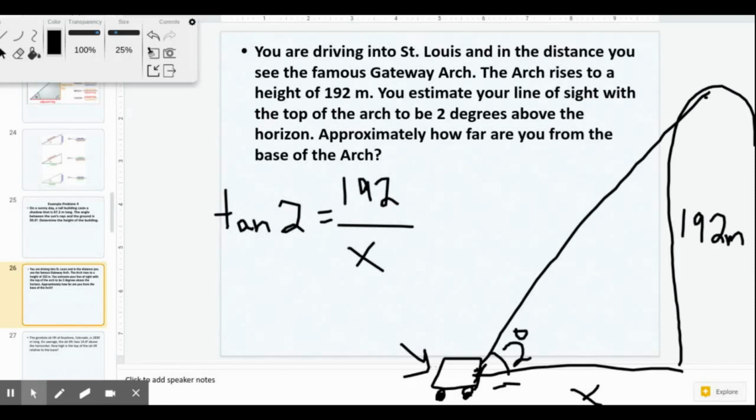So here we will divide 192 divided by tangent of 2, and I get x equals 5,498.16 meters.